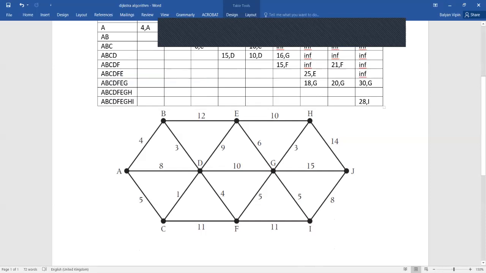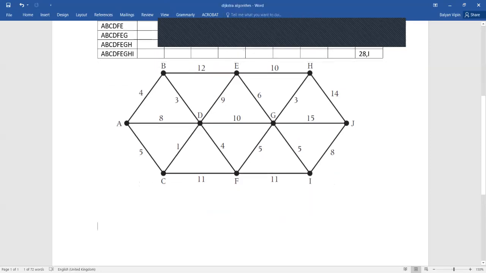From A to D. We can use this route also, and we can use this route also. Whichever costs us minimum, we will use that one. A to B and B to D is 7, and A to C, C to D is 6. Let me write it here. Out of this, B will be eliminated.